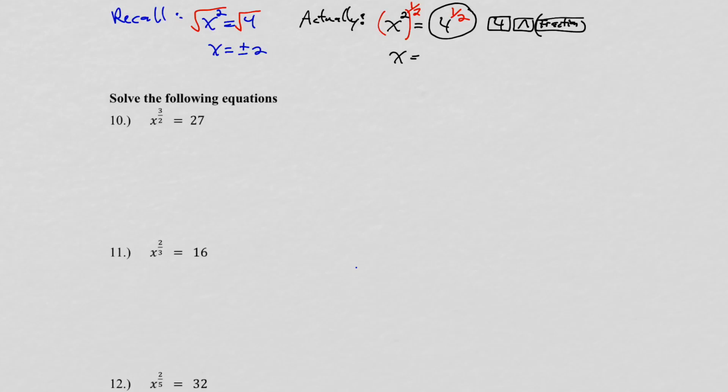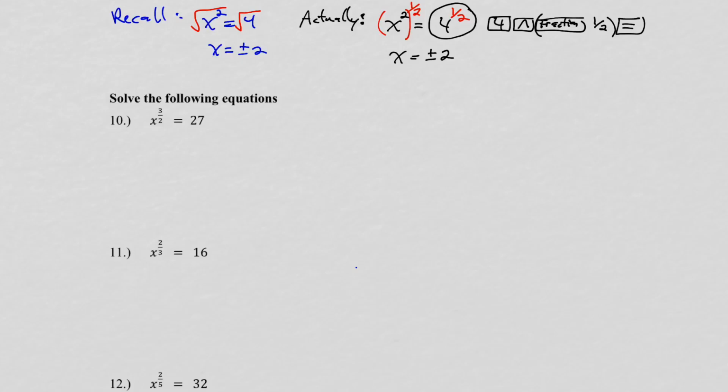Actually put parentheses, fraction, and then do your 1/2, close the parentheses, and then click equals. Anyways, figure that out on your calculator, however it's done, and you can verify that 4 raised to the 1/2 power is also 2. Now, it's not going to give you the plus or minus, but we know that's 2. Okay? So as you can see, what happened there was 2 times 1/2, that equals 1.